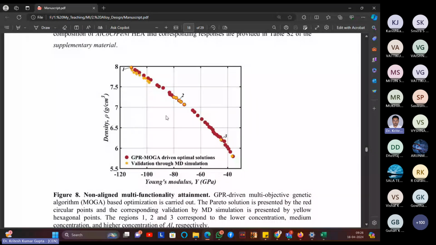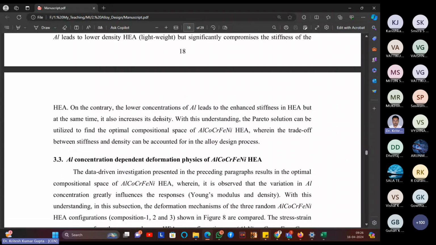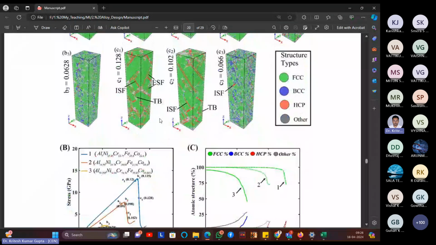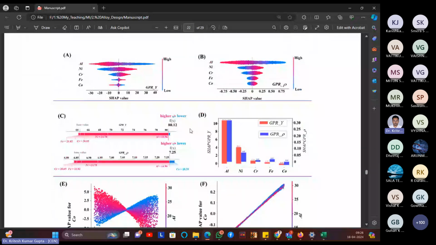So when we have contradictory responses, we can use multi-objective optimization. This is what this paper tells you, and I have validated it with the help of some simulations. This is one more thing which you can explore.